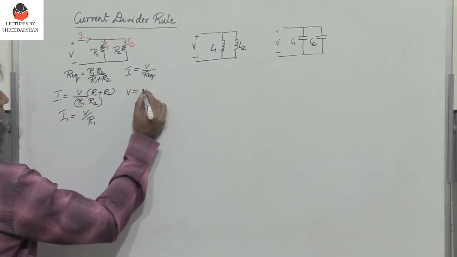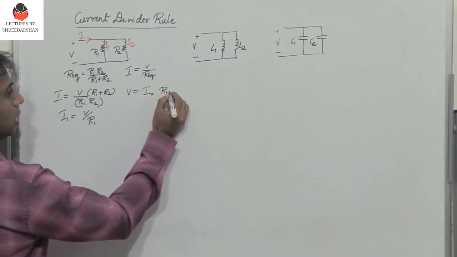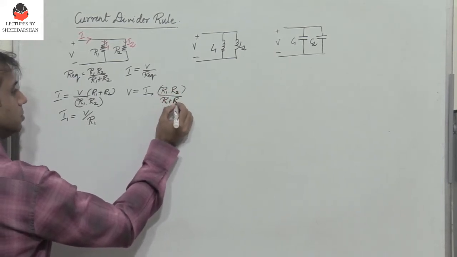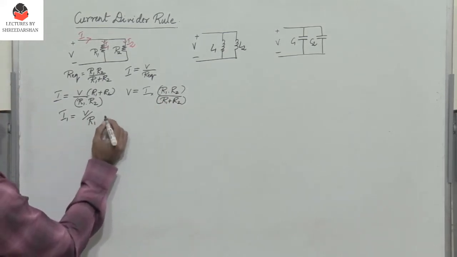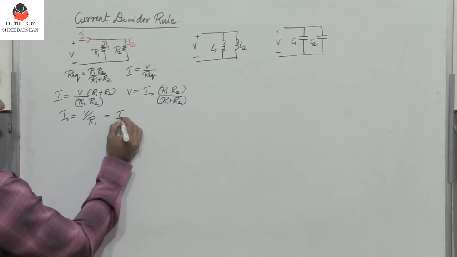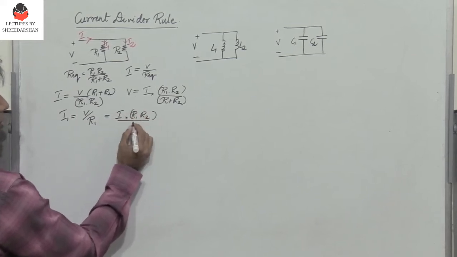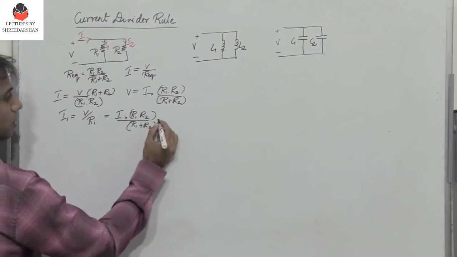V is the total current I into R1 into R2 divided by the sum of the resistors. So let me substitute V here in this expression. So I have I1 equals I into R1 R2 divided by R1 plus R2, into 1 by R1.